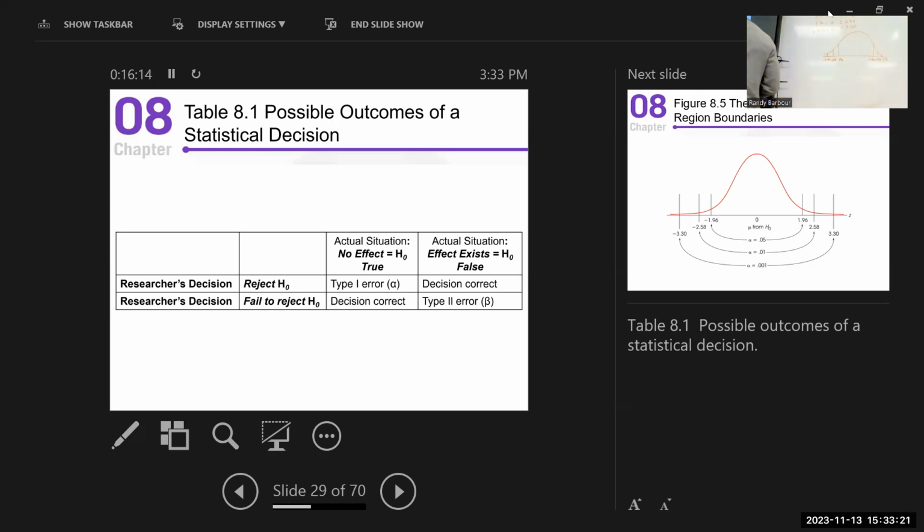When there is no effect whatsoever, the null hypothesis is true, and you say that there is a difference, that's a type 1 error. When you make a decision and say that there's no difference, no treatment effect whatsoever, and there actually is an effect, there actually is a difference, that's when you make a type 2 error.